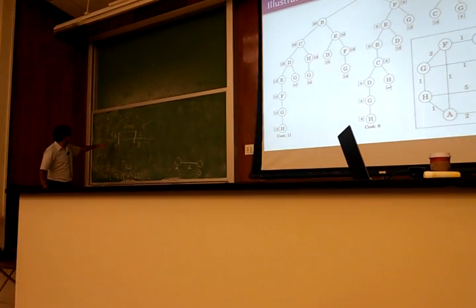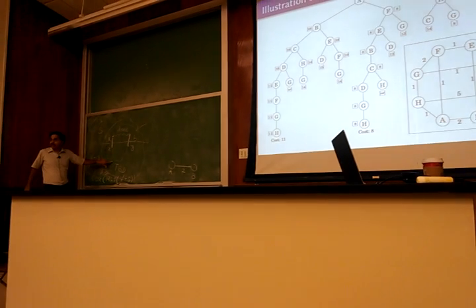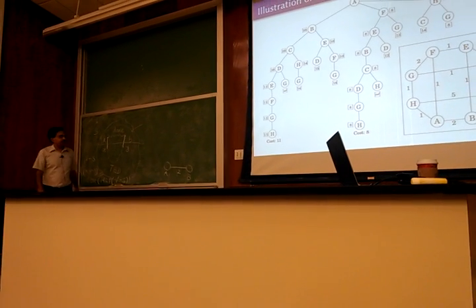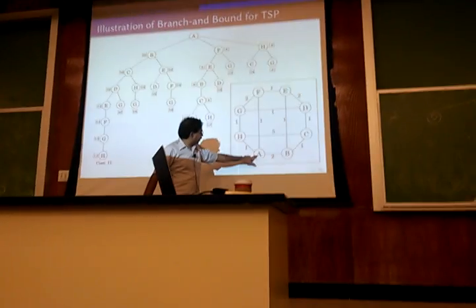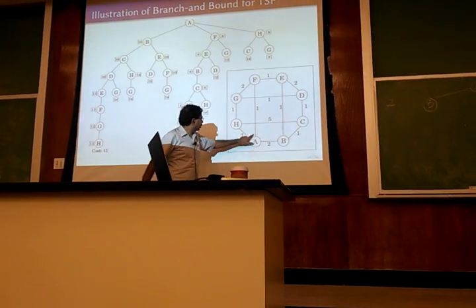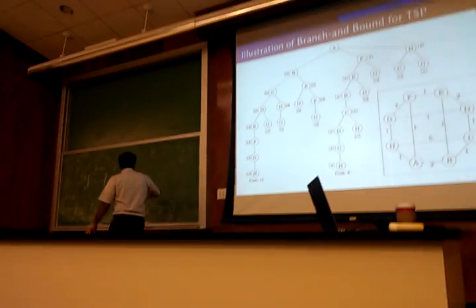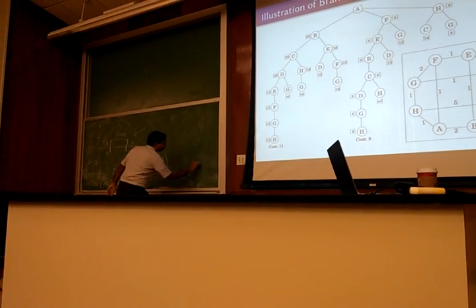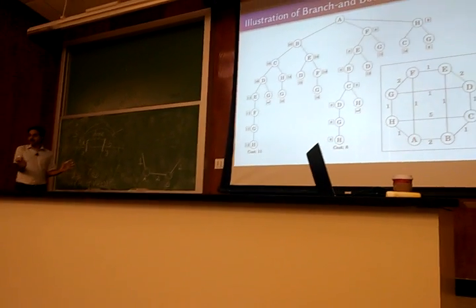Now we want to find the least cost edge out of A into the rest of the graph, and the least cost edge out of B into the rest of the graph. And you can see from here, the least cost edge out of A has a cost of 1. So we have a way of going out of A and B.